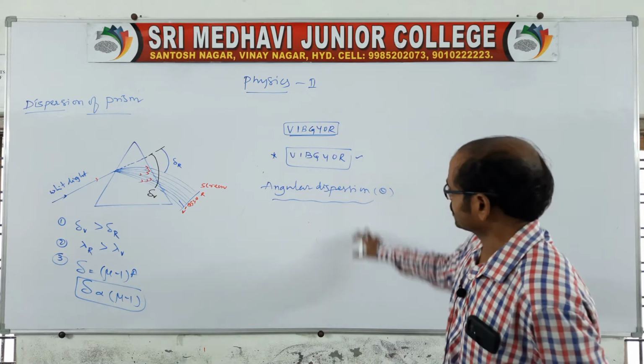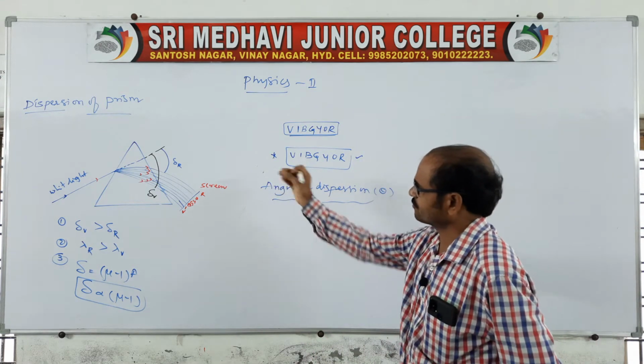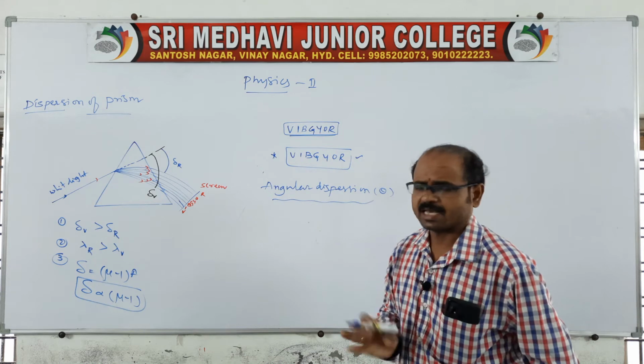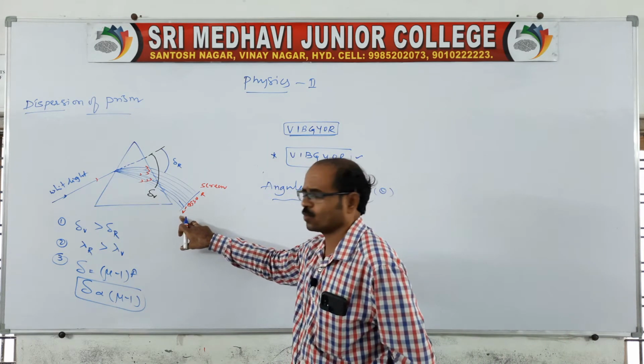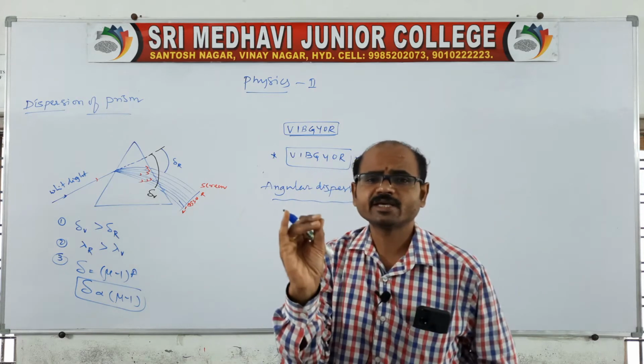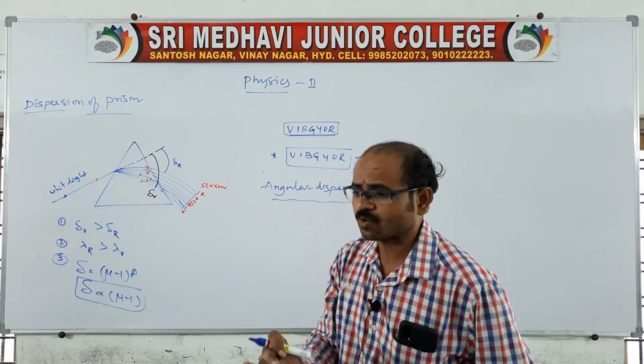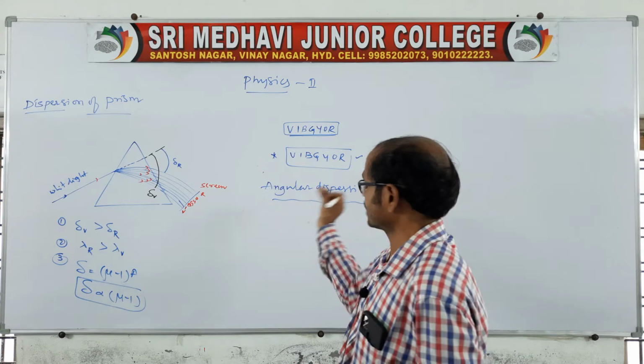That means the difference between any two colors, say the extreme colors. The extreme colors here are red and violet. For these two colors you take the difference, which we call the angular dispersion.